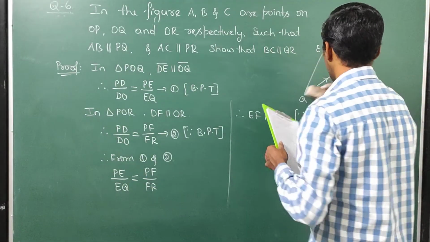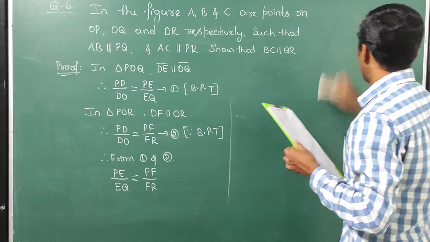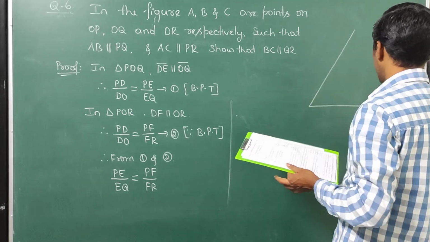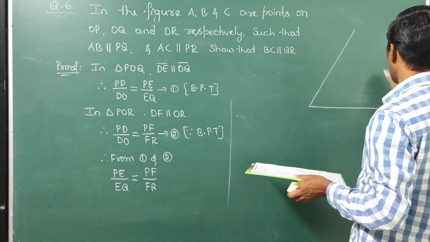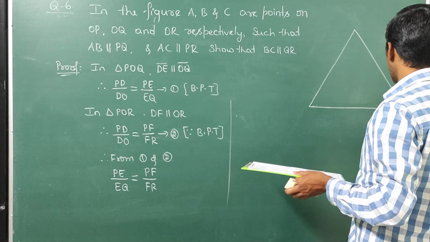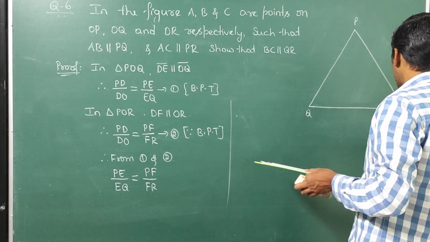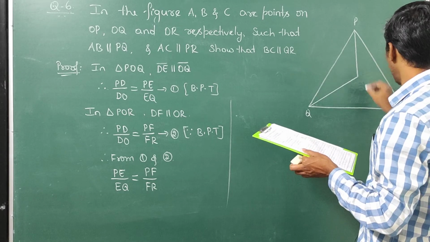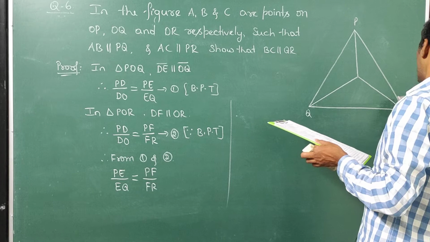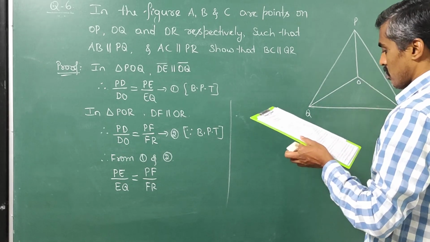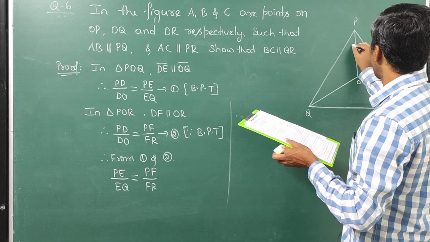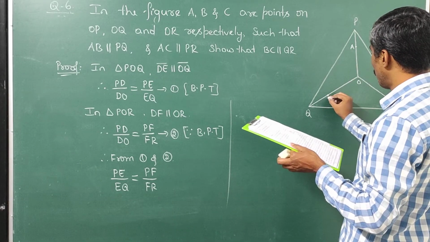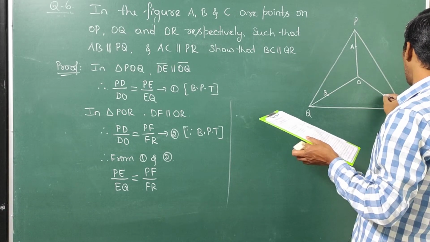The figure is like this. There is a triangle PQR, then from P and also from Q and from R, the lines are drawn to intersect at O. Then the point A is on OP and B is on OQ and C is a point on OR.